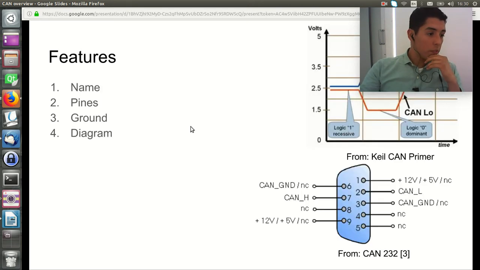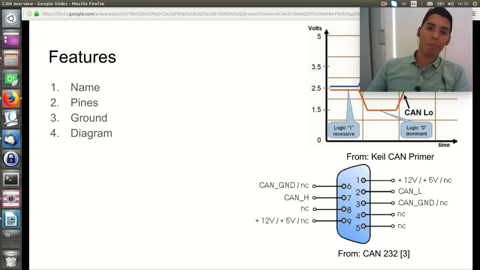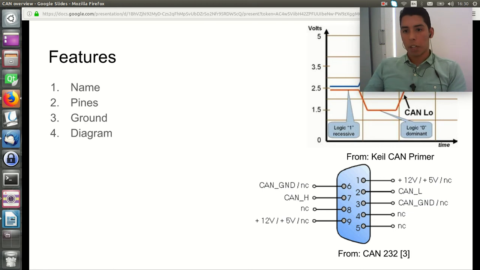So, let's begin with the principal features of CAN. CAN means controller area network. CAN was developed in 1983 by Bosch, the company, and is used extensively in automobiles. A CAN board is composed of 3 pins: CAN high, CAN low, and ground.